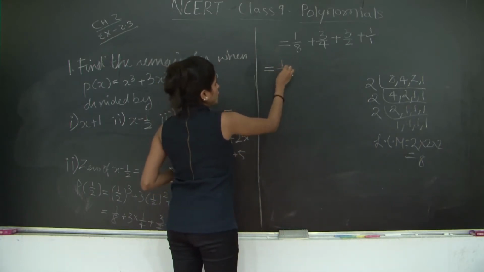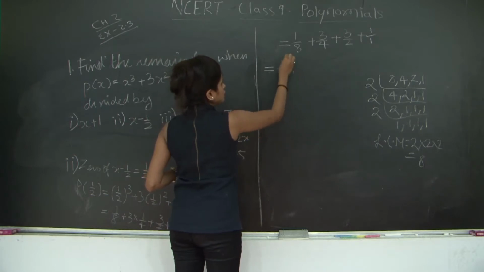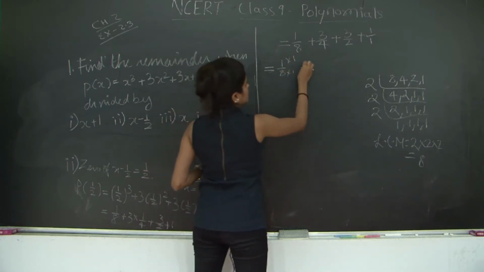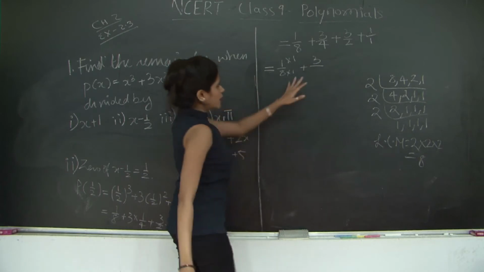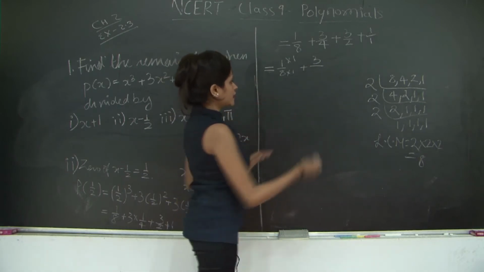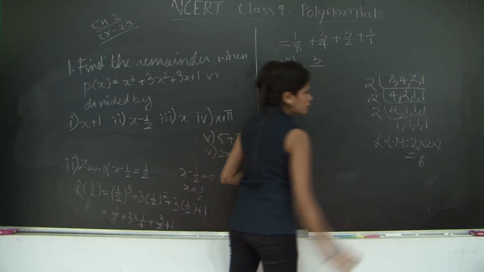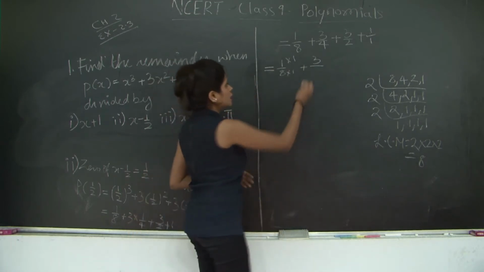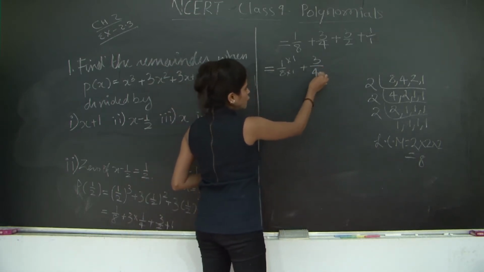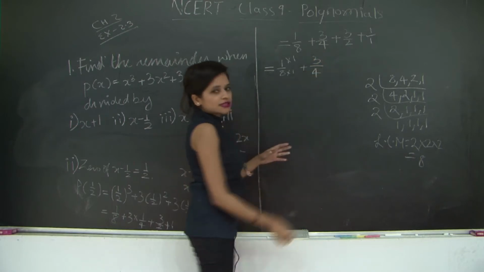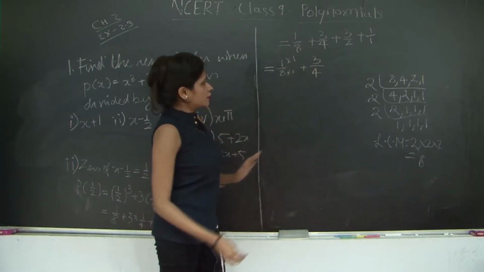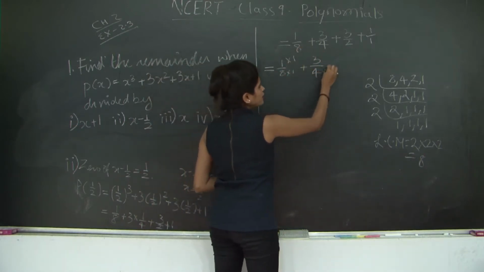So 1 upon 8 into 1 into 1 plus 3. We need a common denominator. So the common denominator, we plan to make it 8 because 8 is the LCM. Whatever you multiply the denominator by in order to get 8, we are going to use the same value to multiply with the numerator. So 4 into 2 is going to give me 8, right?